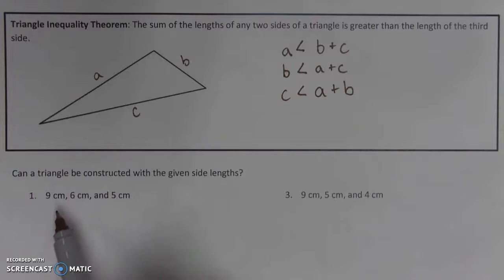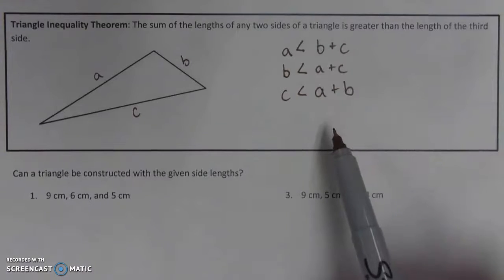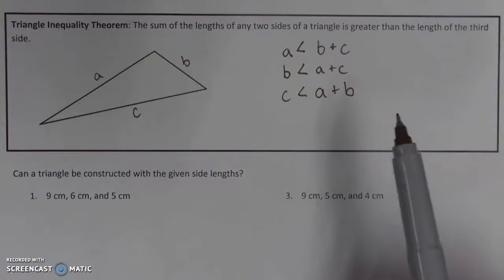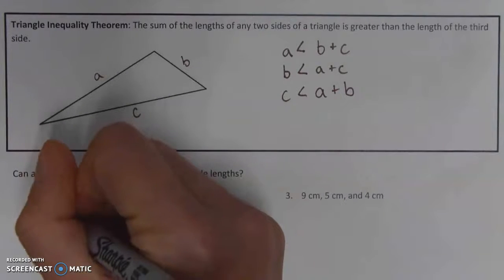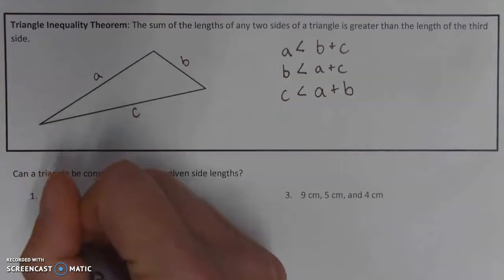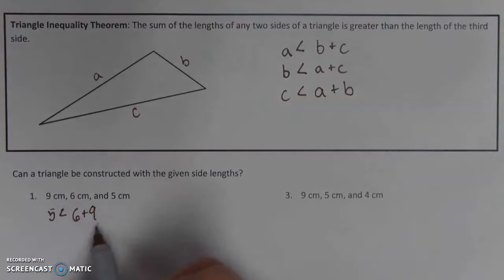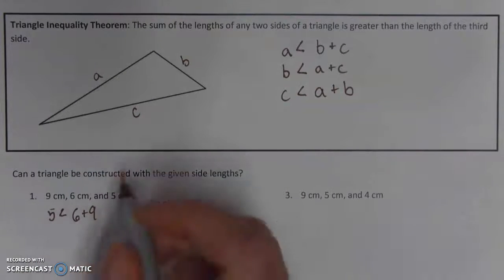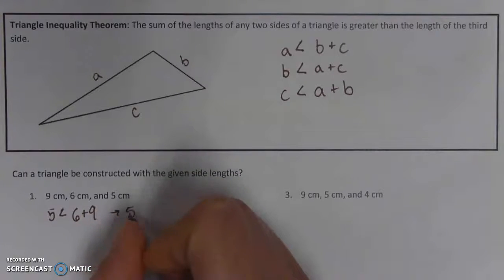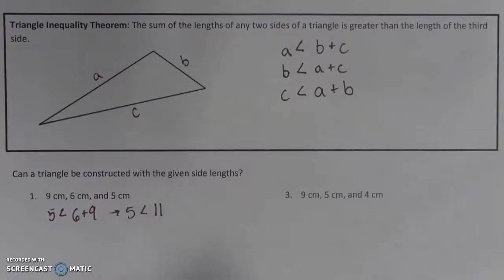Now, if this is true, I should be able to set up three inequalities with the sides that are all completely true. Can I say that 5 is going to be smaller than 6 plus 9, so one of the sides is smaller than the combined other sides? Well, yes, because 5 is smaller than 11.